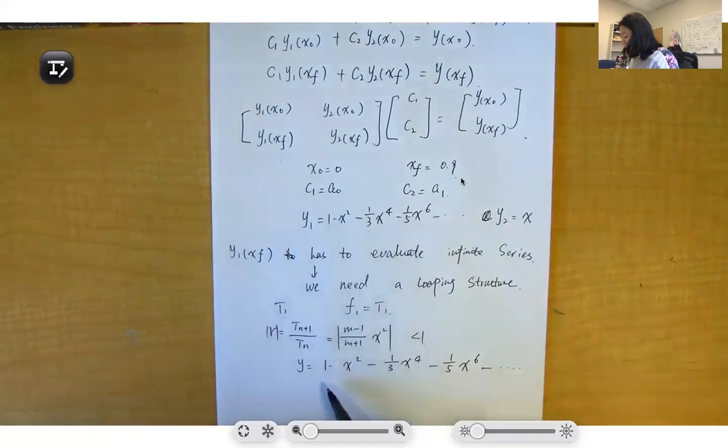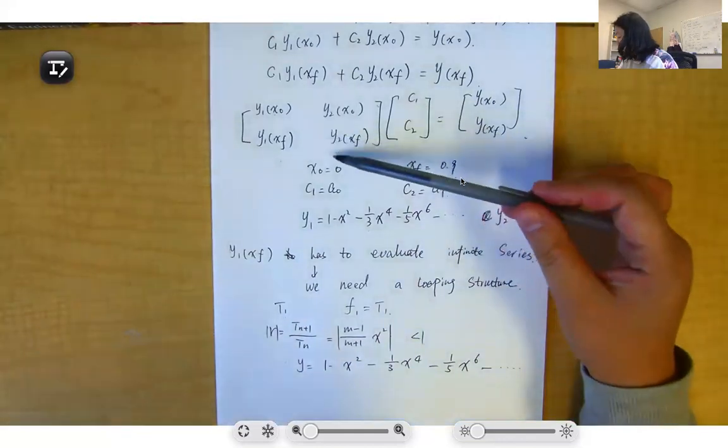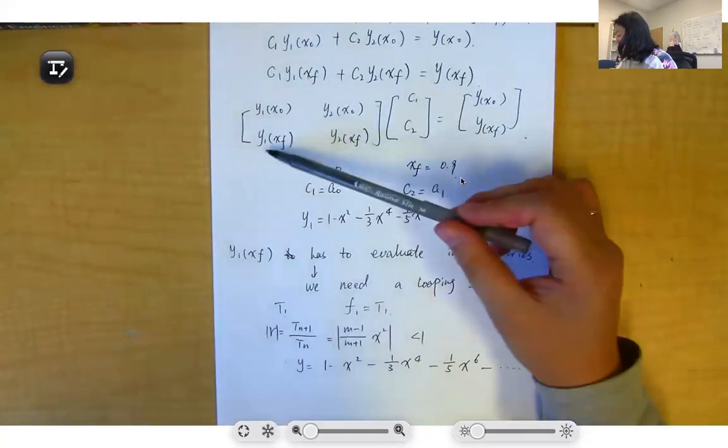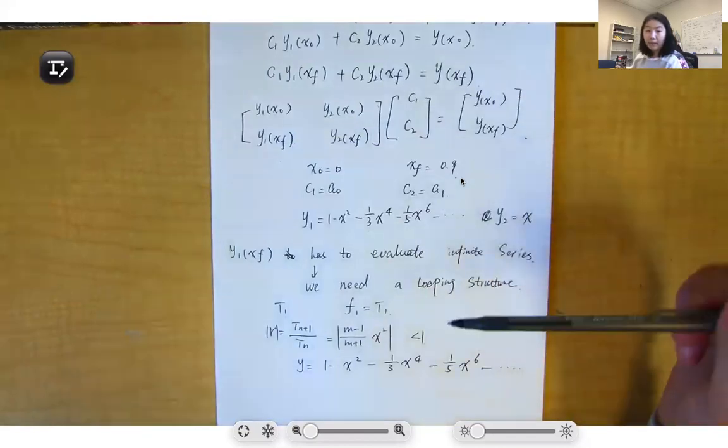You can code this part into the program, and we can evaluate y1 xf, and we can solve these final equations. Okay.